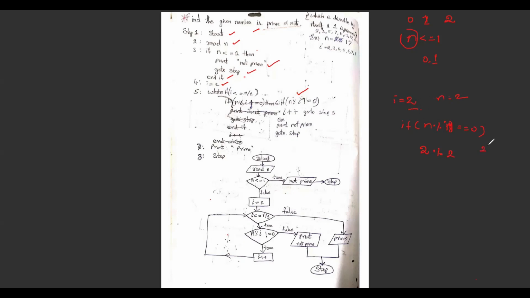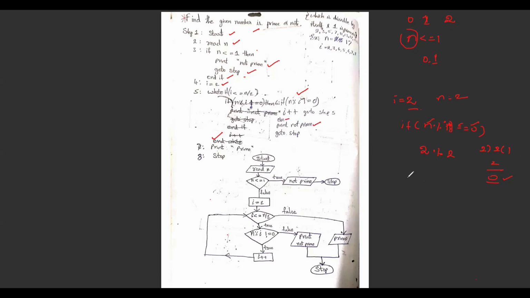If I divide 2 by 2, which is nothing but 2 ones are 2, the remainder will be 0. So 2 mod 2 equals 0. So I can go to step 5 and check the condition. It's going to print the value as 2 is a prime. And if that is not the case, then it is going to print not a prime.